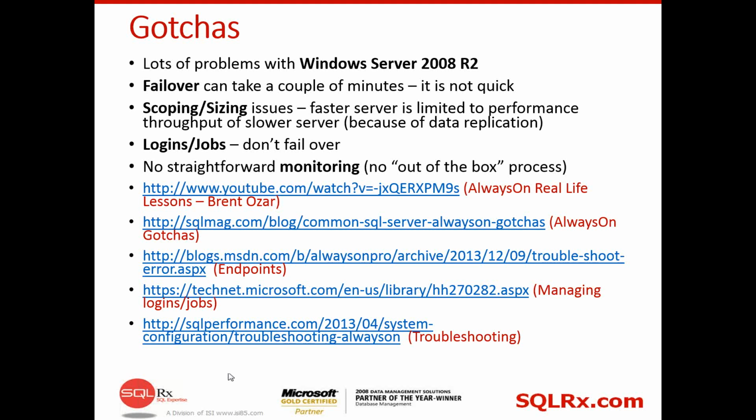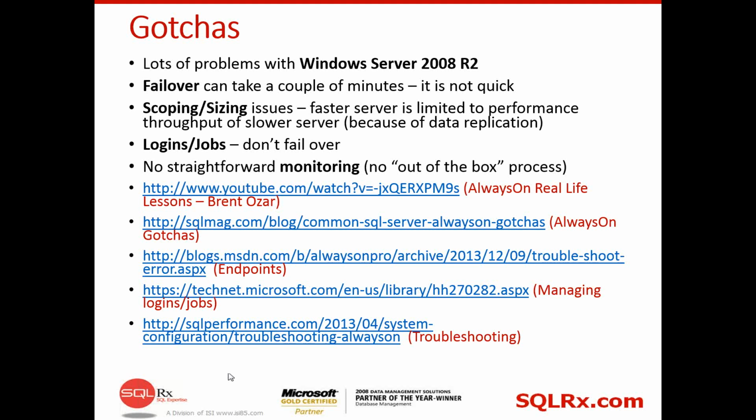Logins and jobs, these do not fail over. They just don't. You need to have your logins and your jobs reproduced on every other replica. You can script these out, or you can use an SSIS package to move them over, but you need to have them on your secondary replicas waiting and ready to be activated in case of failover. They don't do it automatically.